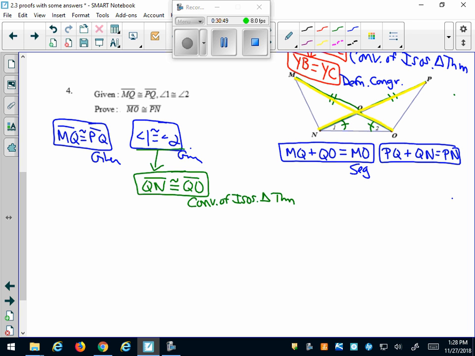Both of these are segment addition postulate. Anybody have any ideas of what we should do next? Yep.